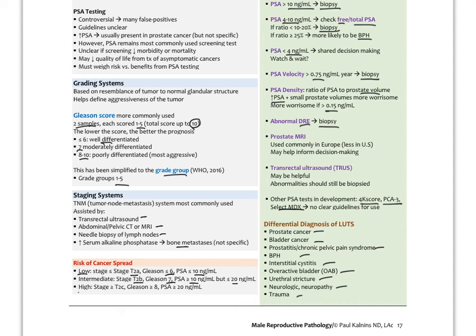And then a high risk of spread with a stage of T2C or more, a Gleason score of 8 or above, and a PSA over 20. So that gives you a rough idea of how aggressive one needs to be with the different treatments. That is an overview of the assessment methods we use for prostate cancer.